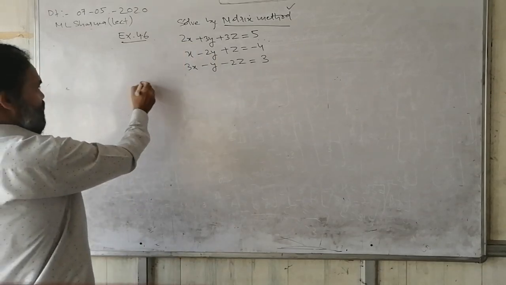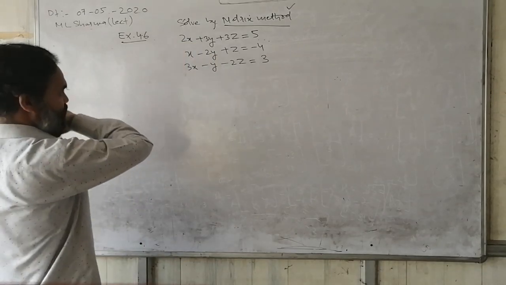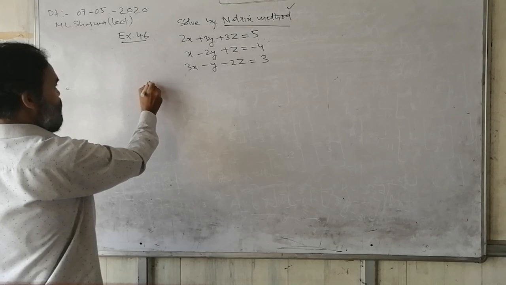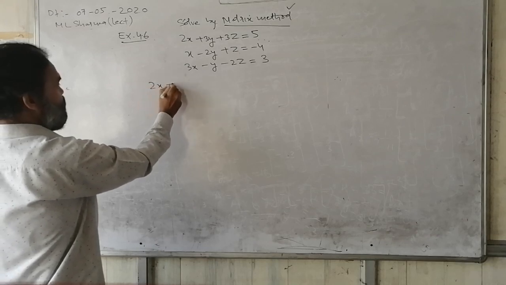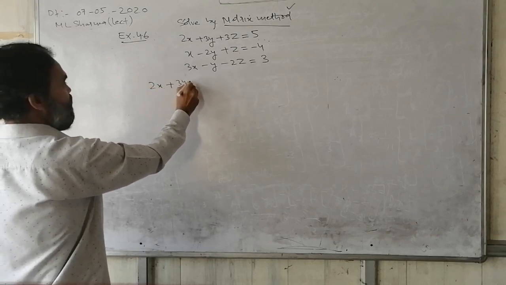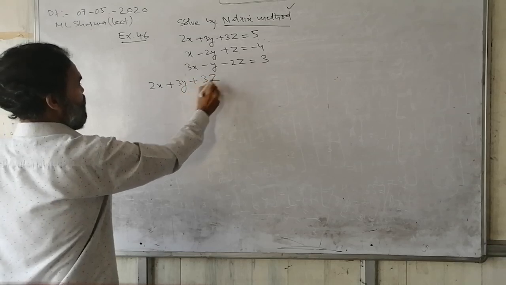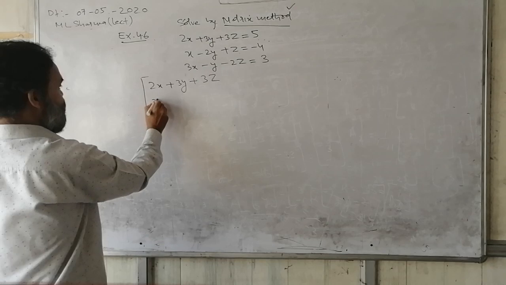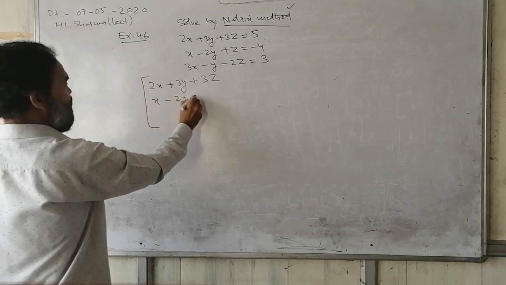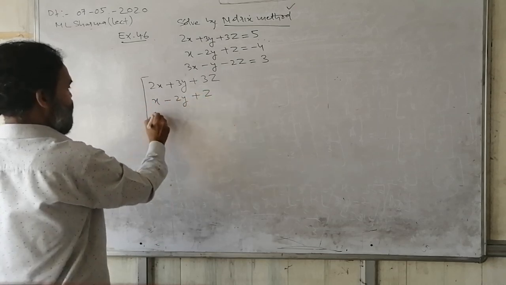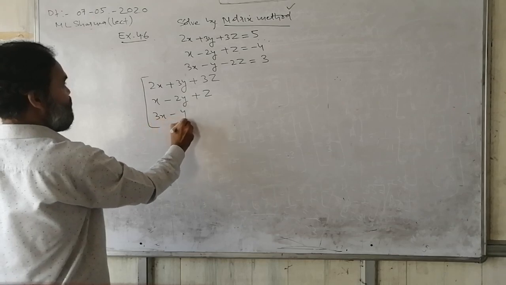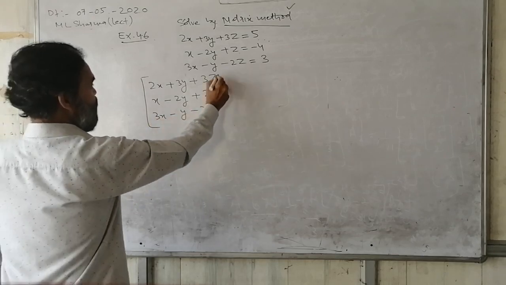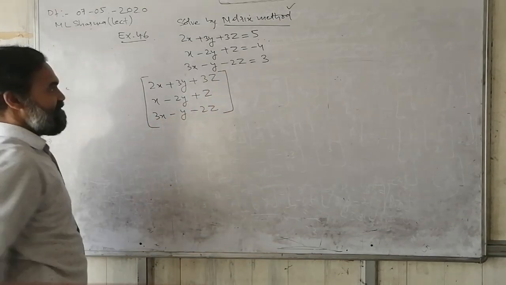So writing this equation in matrix form, I can write it as 2x plus 3y plus 3z, first equation, then second equation, then third. So this is one matrix.